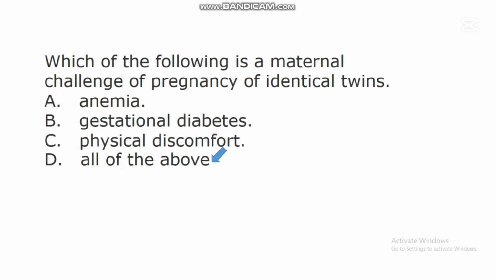So when an individual is carrying identical twins, one of the challenges is that that woman is prone to anemia because iron in the blood will be depleted. There can be change in her blood sugar level. There can be physical discomfort. All these things are the things that women encounter, especially while carrying identical twins or in the condition of pregnancy associated with twins or identical twins.